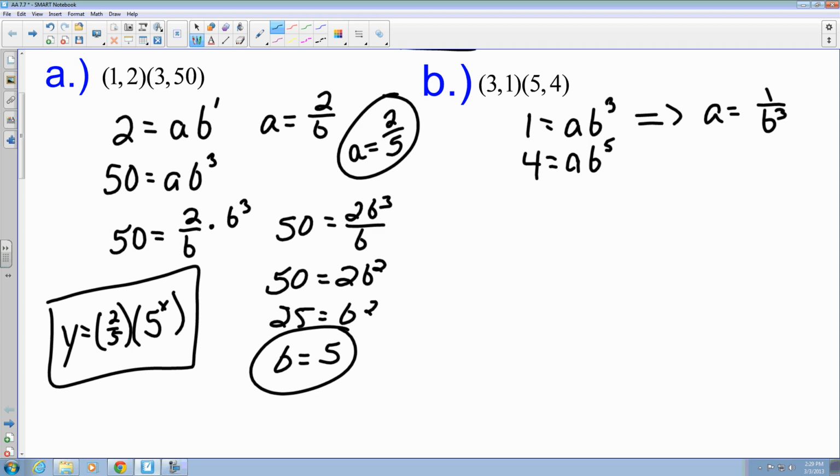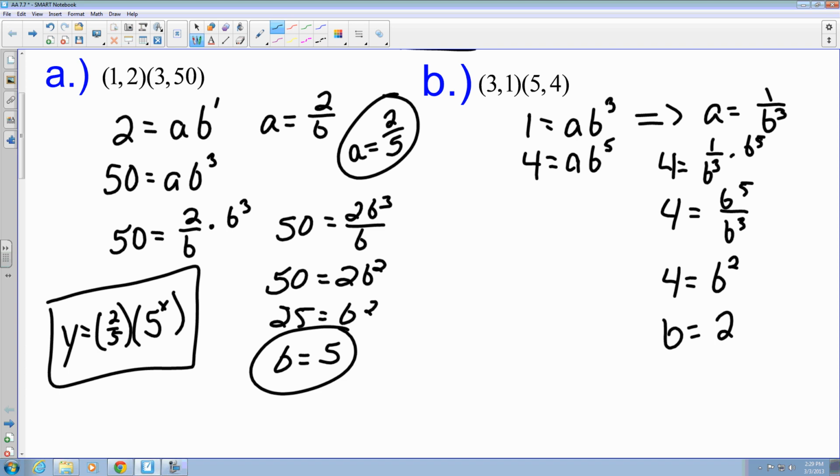I substitute back into the second equation, so it becomes 4 equals 1 divided by b cubed multiplied by b to the fifth. Then combining those, this equals b to the fifth divided by b cubed. Using the quotient property, this is b squared because I subtract my exponents, and then taking the square root, b ends up equaling 2.